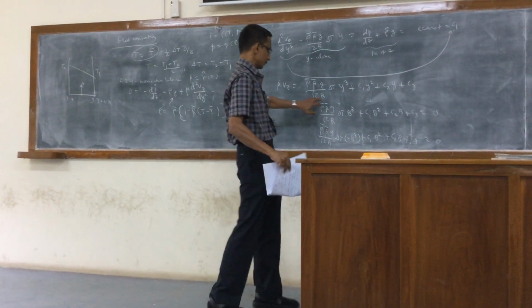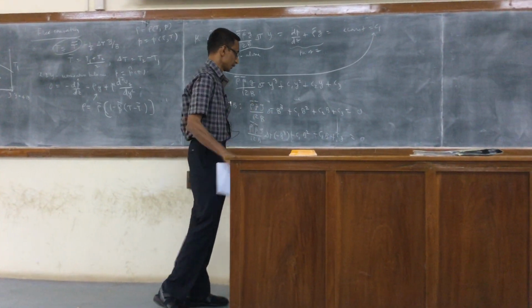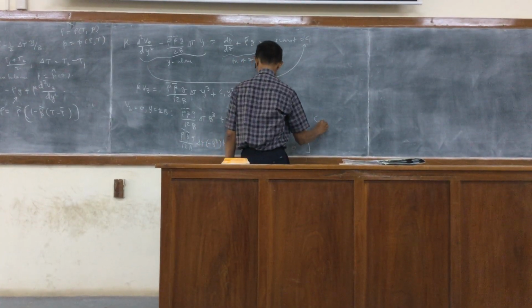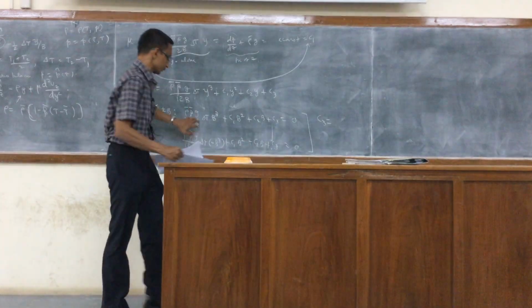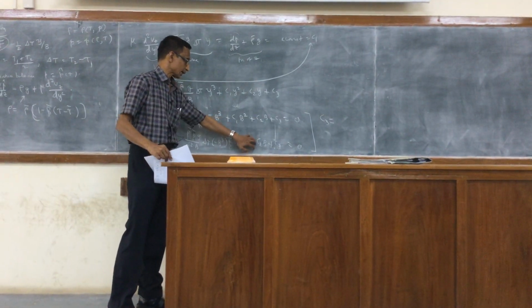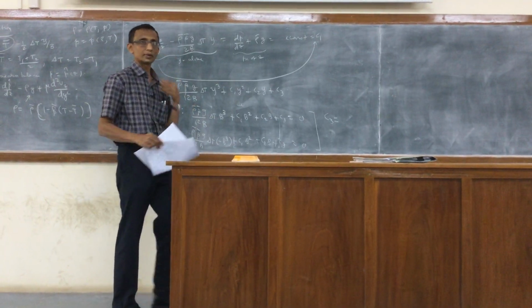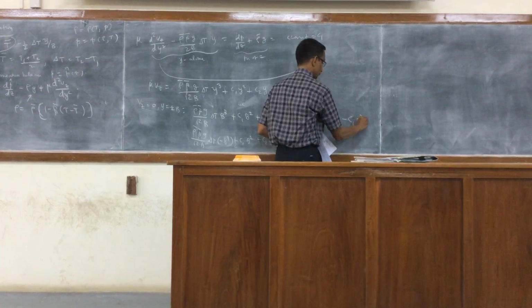So the easiest thing is to simply add. If you add the two equations, then I get this important relation that C3 is equal to, if I add, this will cancel, this will also cancel. So I get 2C3 plus 2C1 b squared equal to 0. So that means C3 equal to minus C1 b squared.